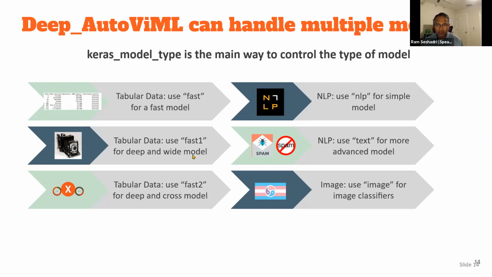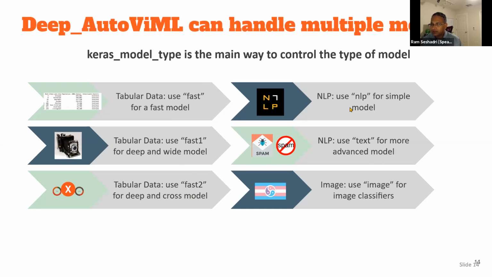And if you want to try FAST2 as your option, you'll get a deep and cross model where it can do feature crossing, and it'll also do deep layers for the numeric variables. This sometimes provides better performance than FAST1. But typically, I find that if you don't have too many categorical features, FAST1 is going to give you the best model. If you have a lot of categorical features, then FAST2 is going to give you a better model. So keep that in mind.